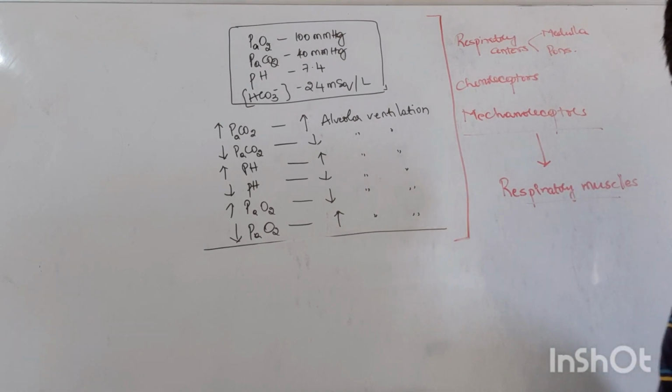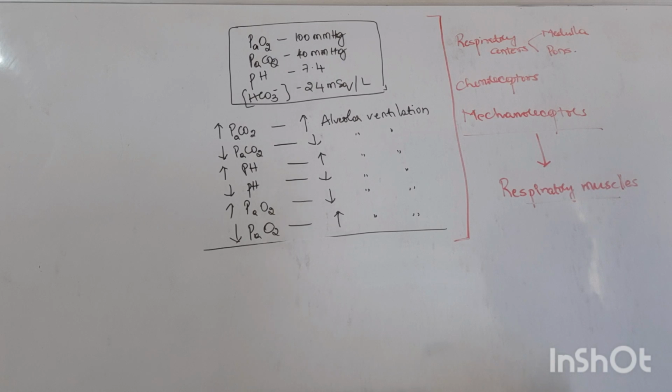So to quickly summarize, the overall aim is to maintain the partial pressure of oxygen on the arterial side at around 100 mmHg, the partial pressure of carbon dioxide at 40 mmHg, the pH at 7.4, and the bicarbonate ion concentration at 24 milliequivalents per liter.